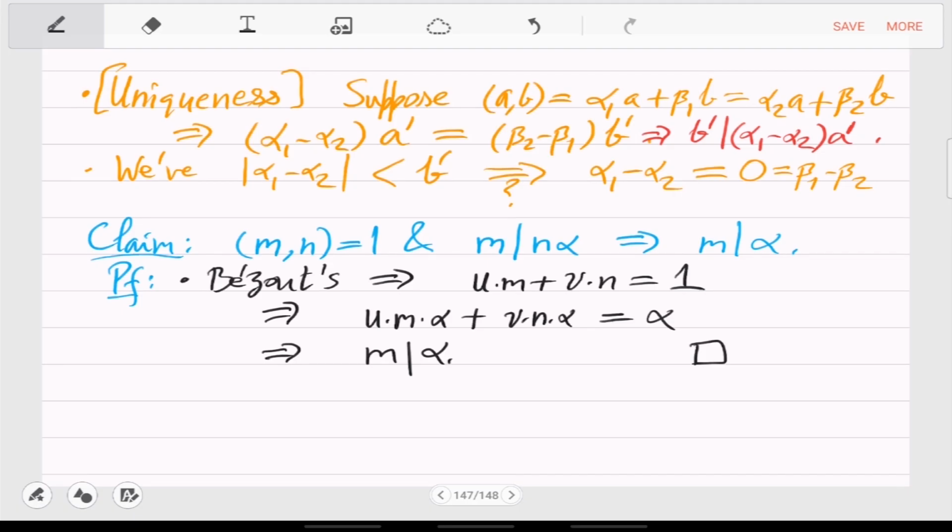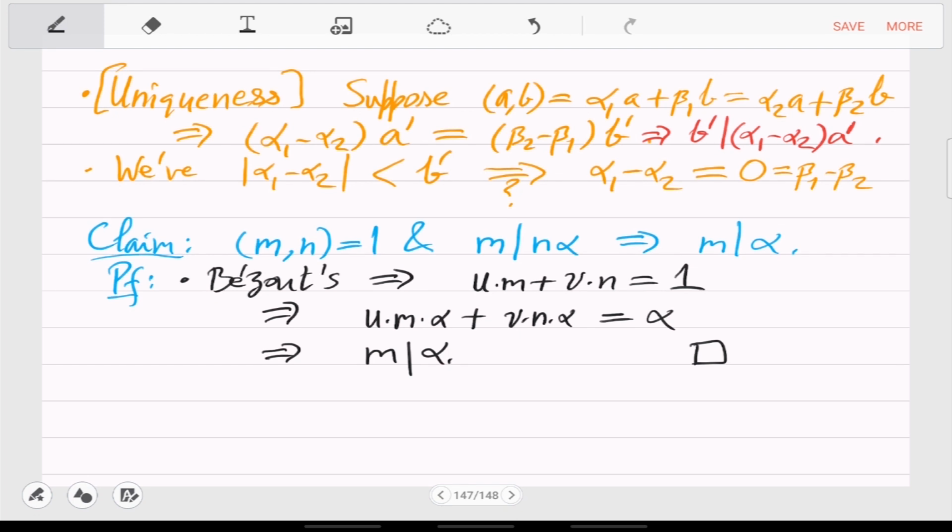So this is, you can call it, the claim for cancellation. In a way it is cancelling out N from the game. And using this cancellation lemma, you have deduced that alpha 1 is the same as alpha 2 and beta 1 is the same as beta 2.